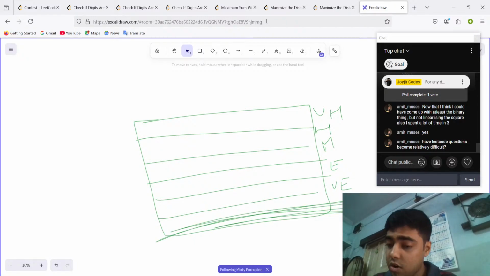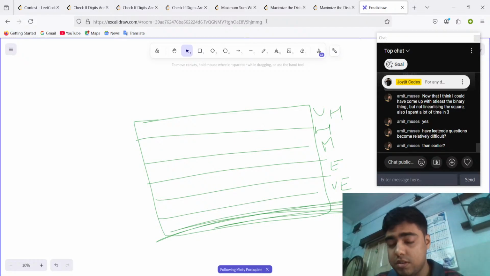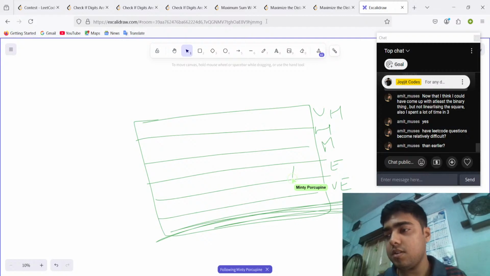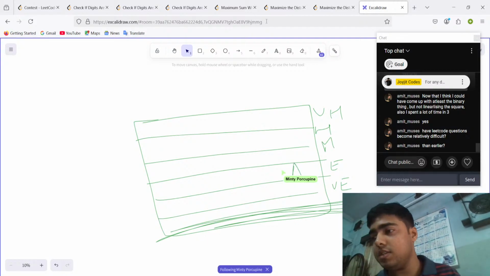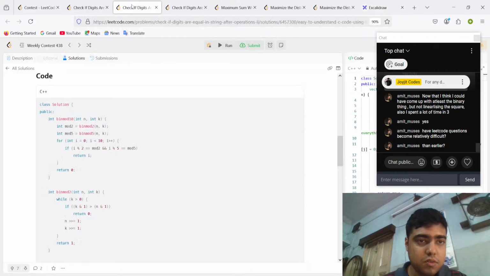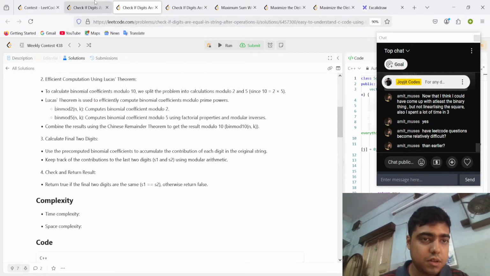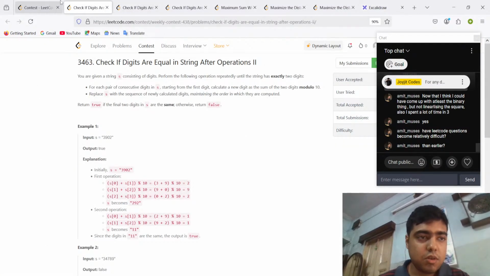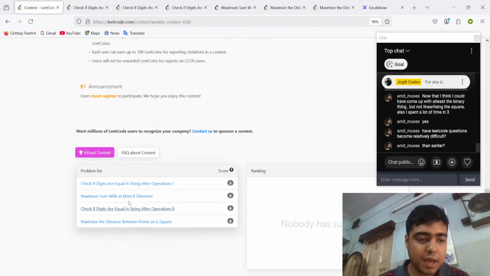I think today's contest was still easier than the previous contest, just that you couldn't have come up with the approach. The first problem was very easy. The second problem was check if digits are equal in operation. The second problem was maximum sum.